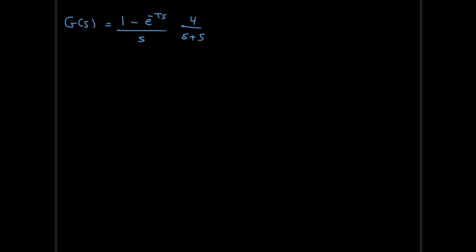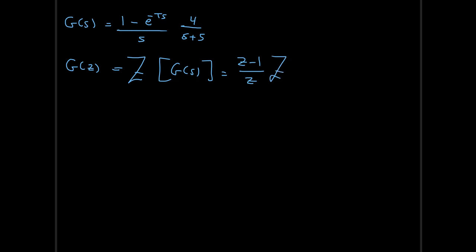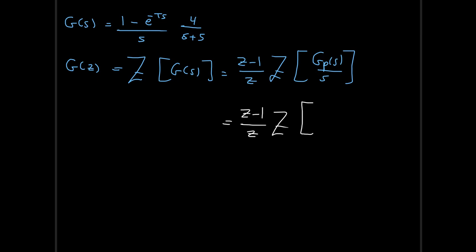So if we need to calculate g of z, we need to find the z transform for g of s, which will equal z minus 1 over z, the z transform for gp of s over s. So this will read as z minus 1 over z, the z transform of 4 over s plus 5.